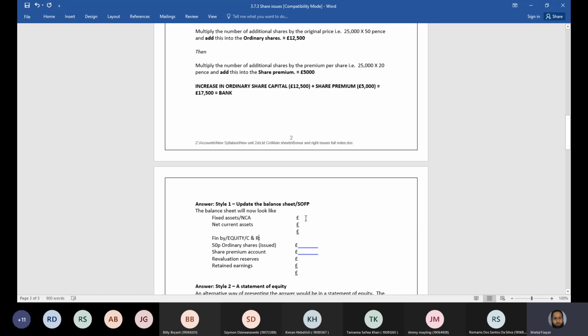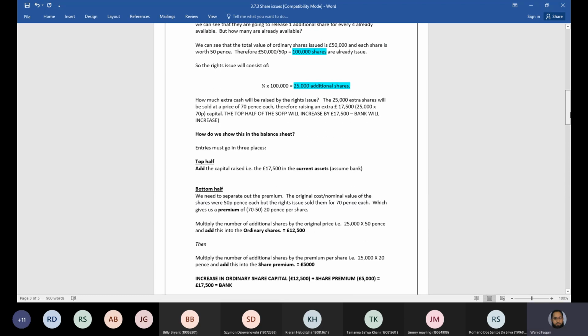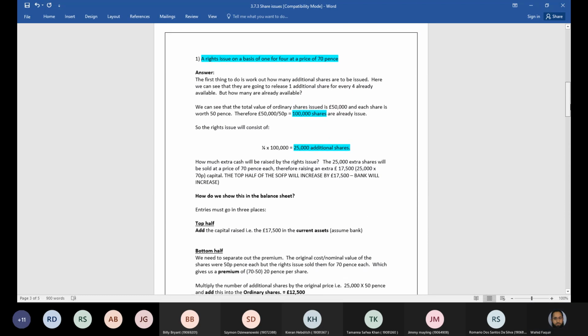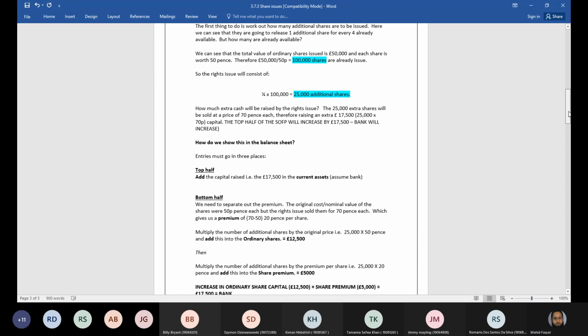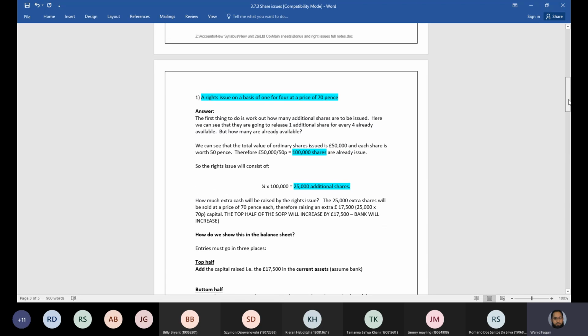I've taught you through a little bit, but not too much. The non-current assets, well, did they change? Does it mention anything about a revaluation? Does it mention that they've bought new non-current assets? Not at all. The only thing that's changed is they've issued shares at 70p.